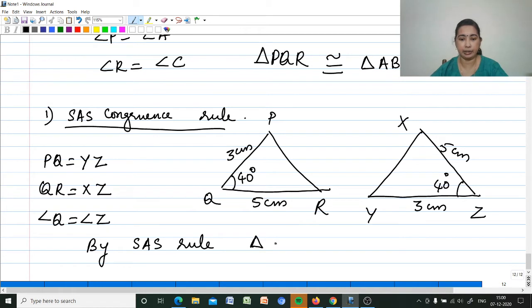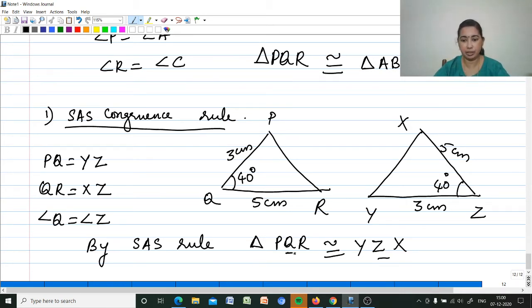rule, triangle PQR is congruent to YZX, because angle Q and angle Z are same. These two angles are same. Angle Y and angle R are same, in the same way angle P and angle X are same.